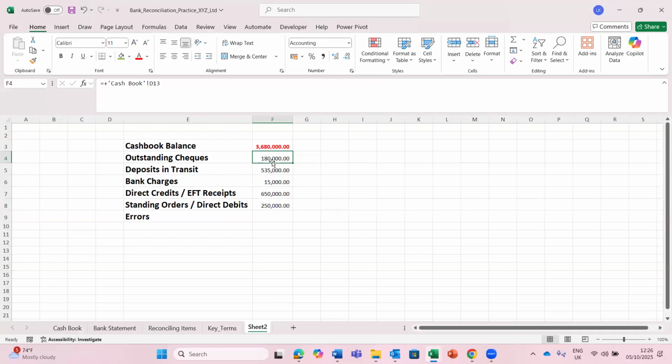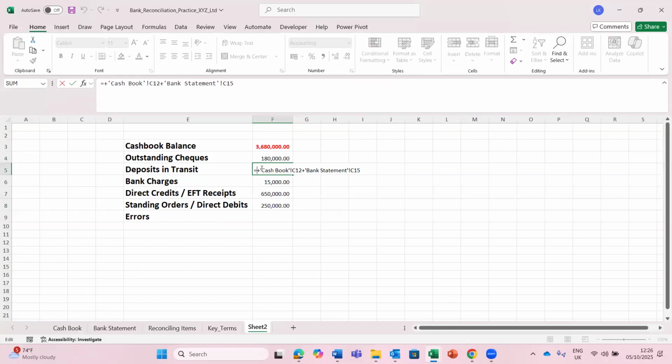We add it. Then we have deposits in transit.